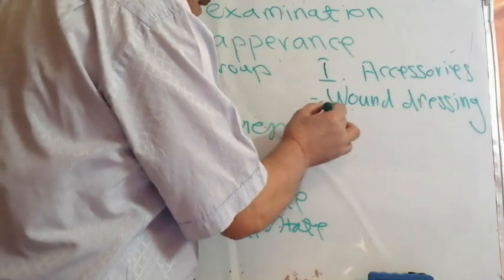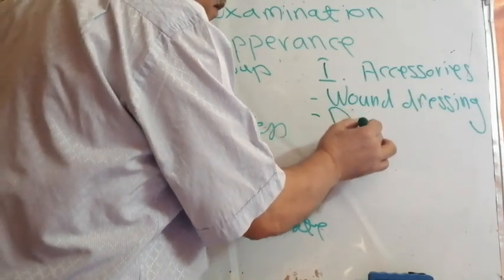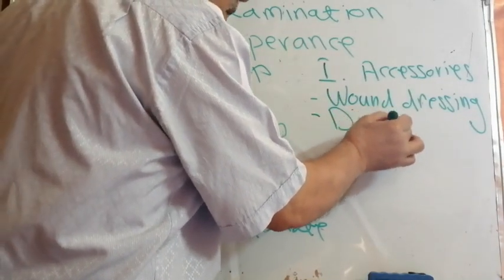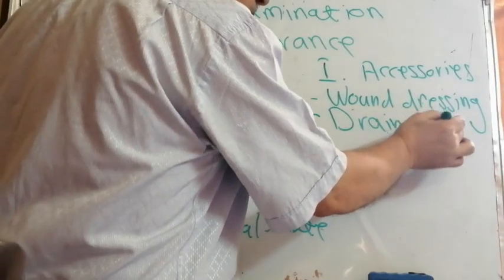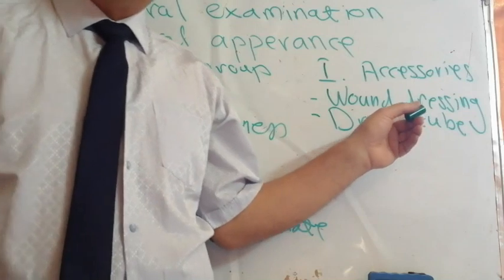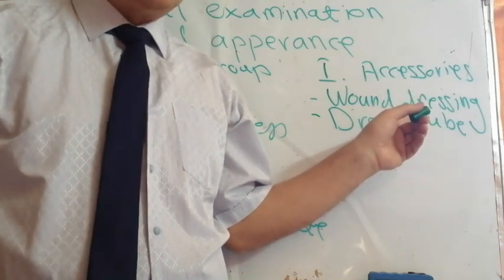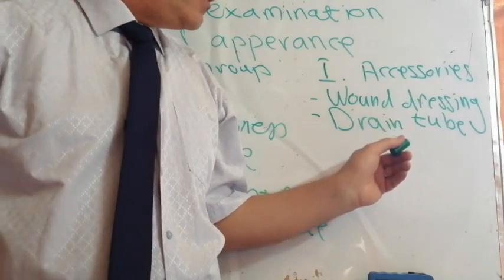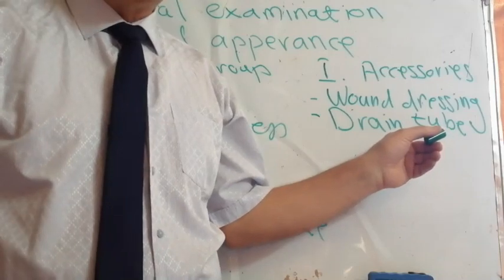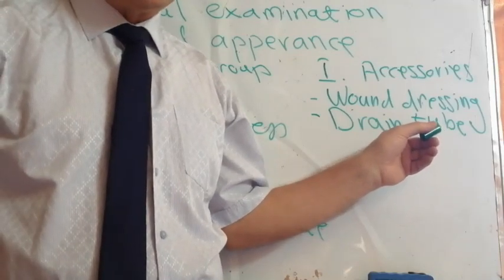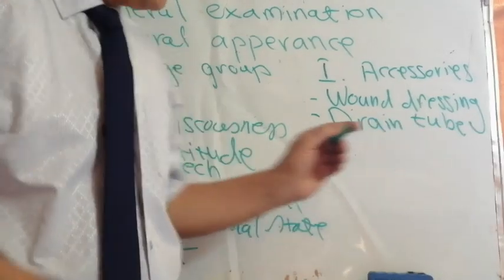Whether the patient has a drain tube. This tube is put in the abdominal cavity or around the abdominal wall to evacuate abnormally collected fluid or blood. Cannula.